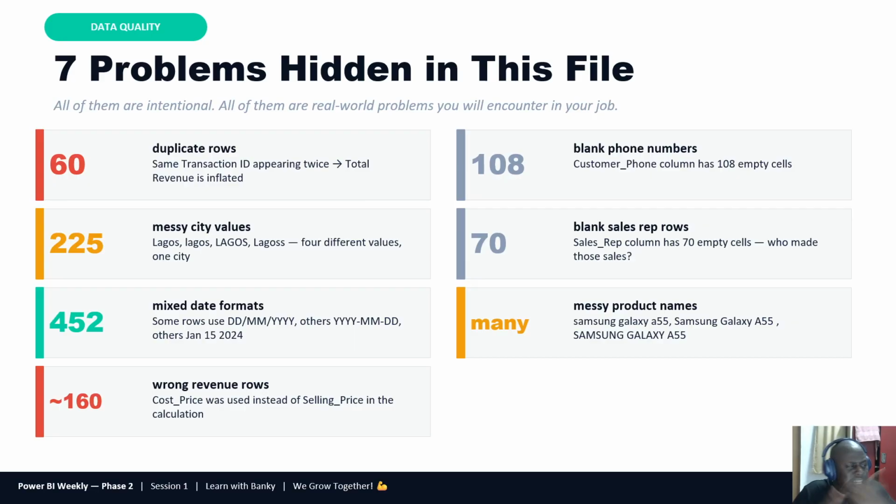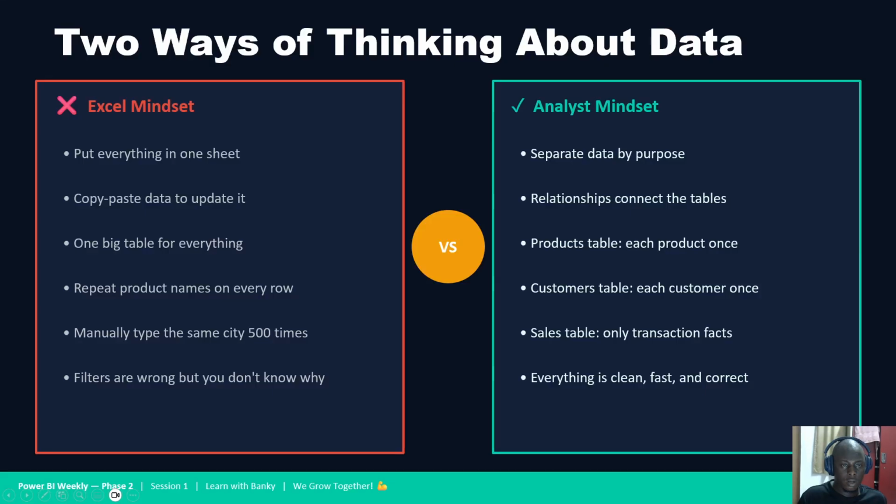Now, what is the cause of all these things, and why might you as a data analyst have missed it at the beginning? It is because the majority of us, when we are coming to Power BI, usually have the mindset that we had when we were working with Excel.